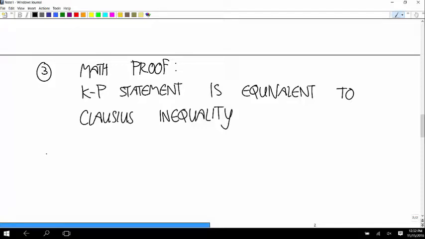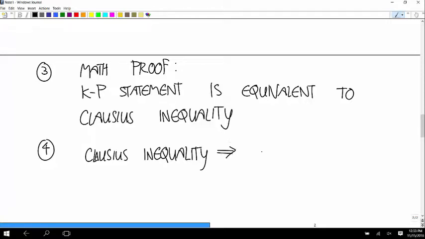And then the last step is that the Clausius inequality leads to the entropy statement of the second law.